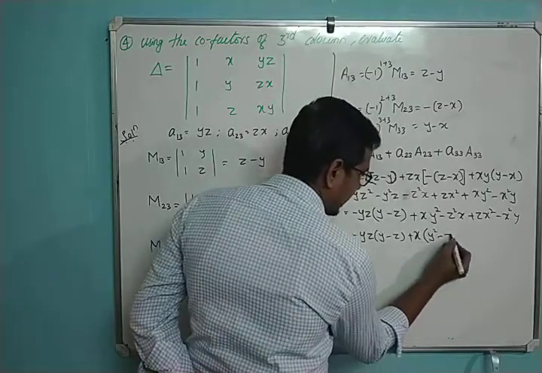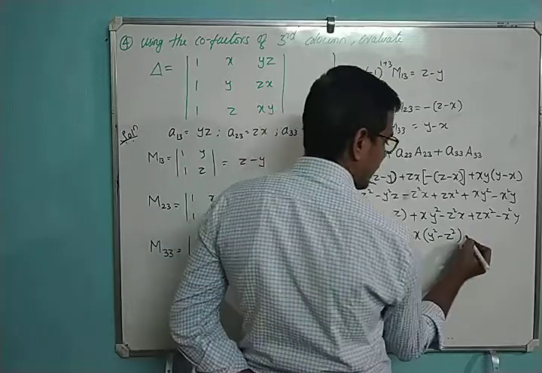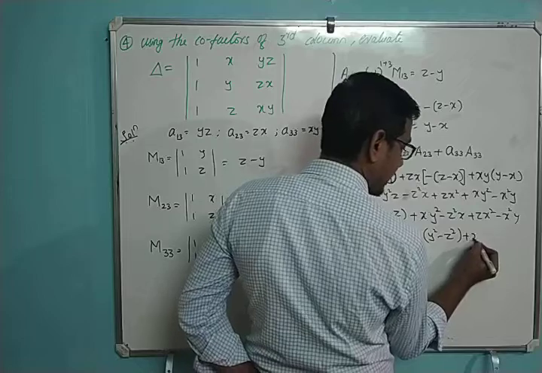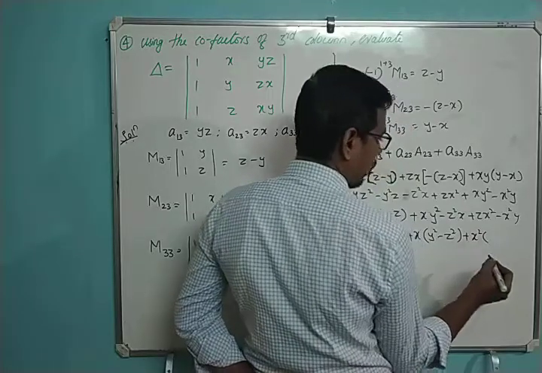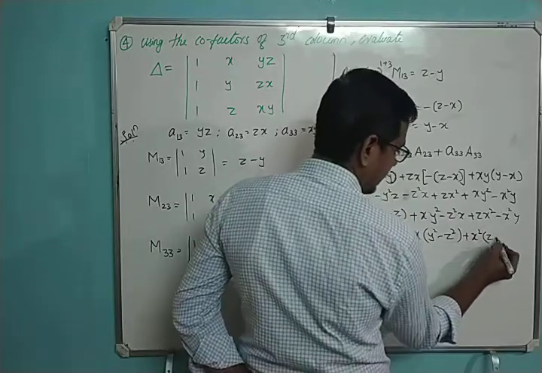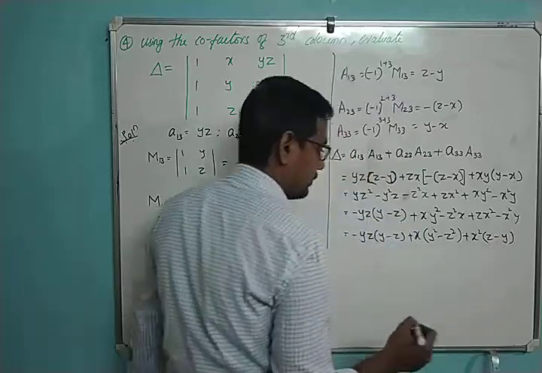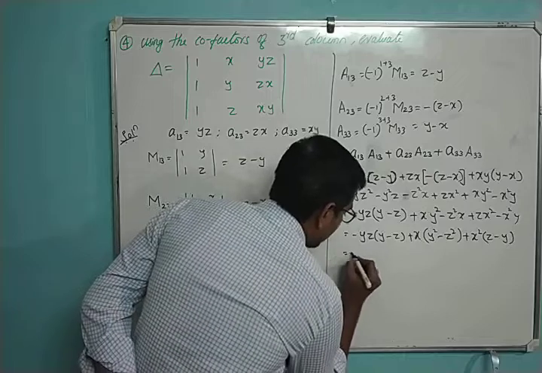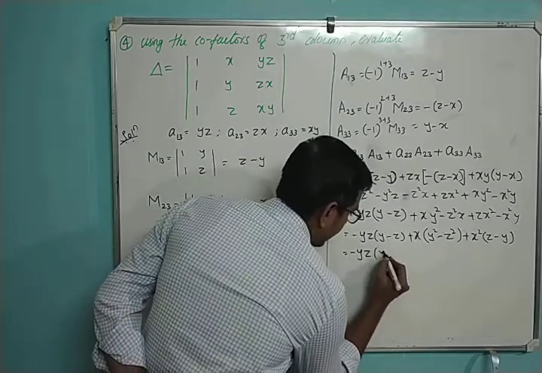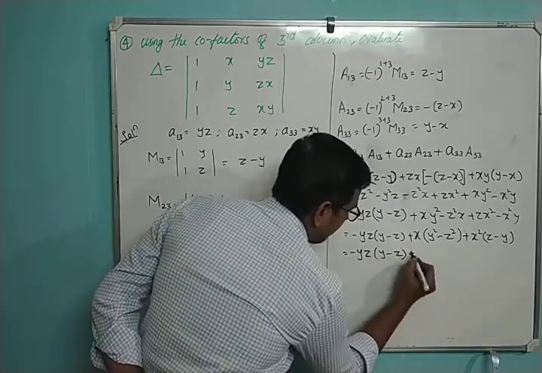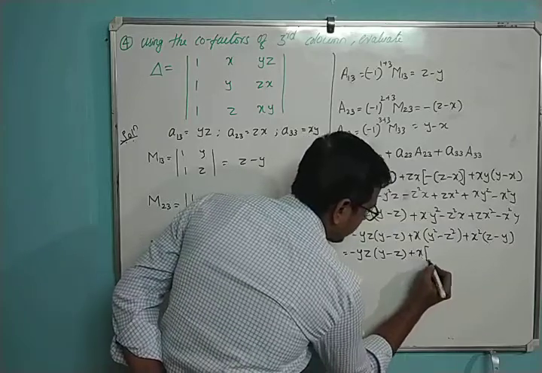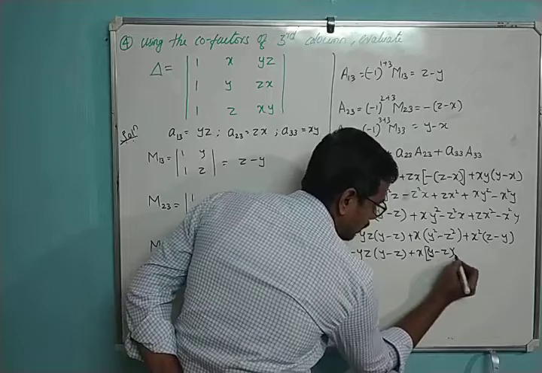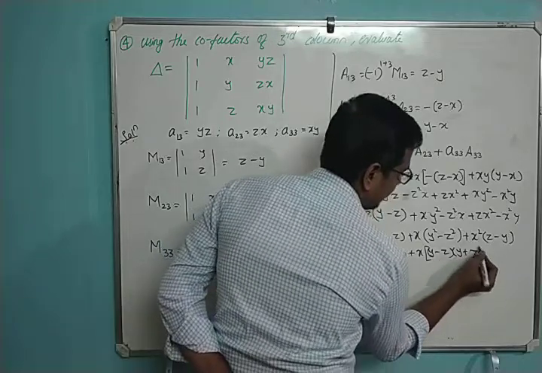Y square minus Z square. So here I can take X common, sorry, X square common. So what happens? Z minus Y, right? Z minus Y. So this can be written as minus YZ into Y minus Z plus X into Y square minus Z square, Y minus Z into Y plus Z, right?